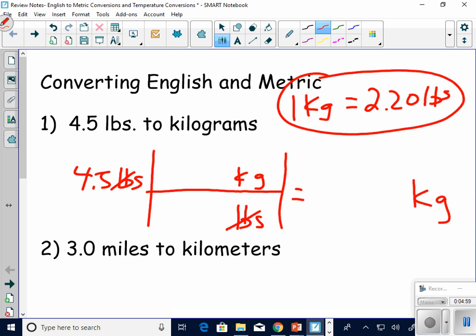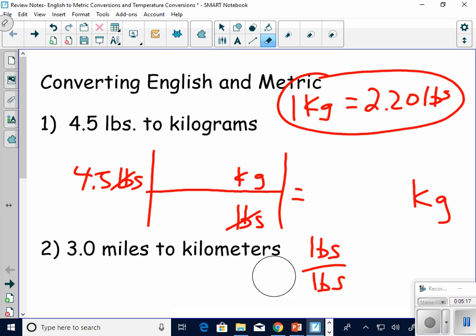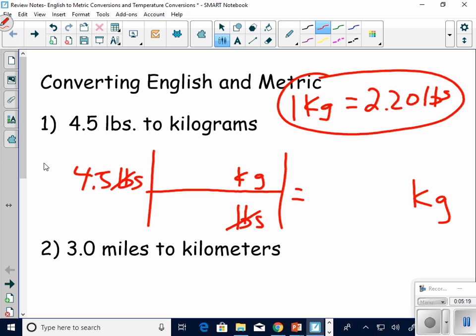Now, why does that cancel? Well, what is an lbs over an lbs? What's that equal to? 1. Anything over itself is equal to 1, correct? That's why those cancel. Now I fill in my numbers. 1 kilogram is equal to 2.20 pounds.